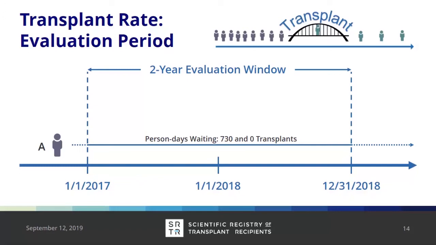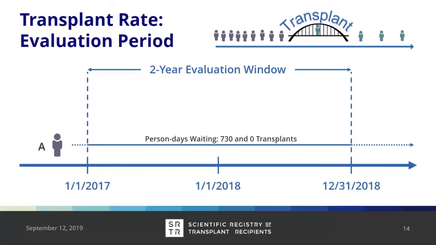And so this person comes into our window at the start there at January 1st of 2017. This person happened to be alive and still waiting at the end of the window. So at 12/31 of 2018, the patient was still alive and on the wait list and continued on, as represented by the dashed line after that.